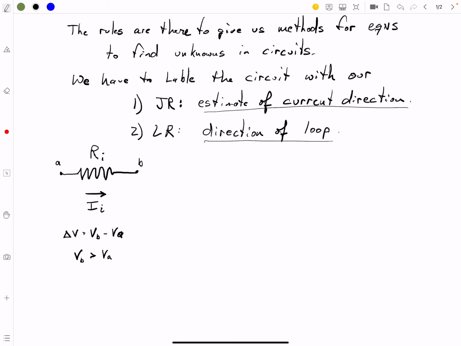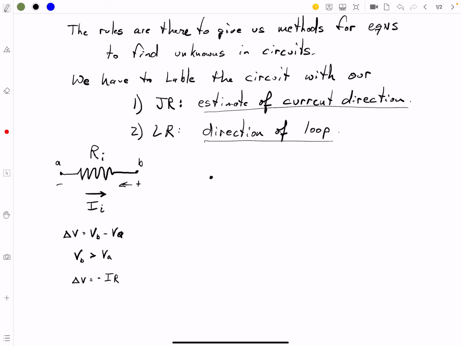That means this is positive and this is negative, and the current really is going in that direction, okay? So in that situation, delta V is equal to minus IR, okay?